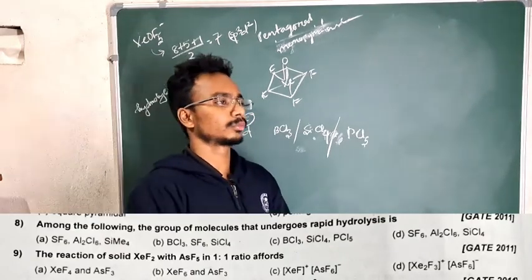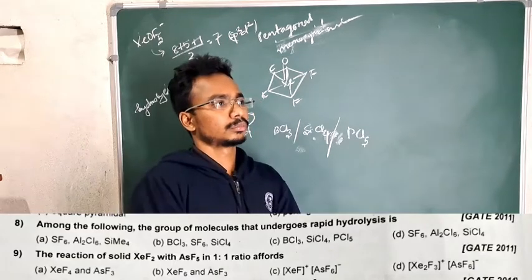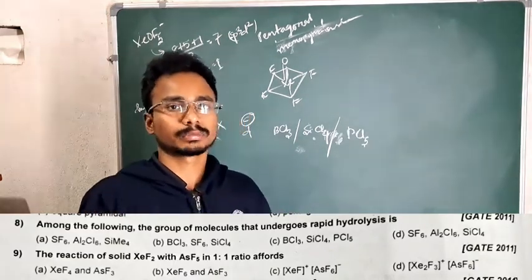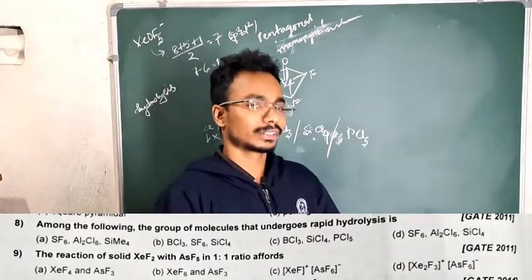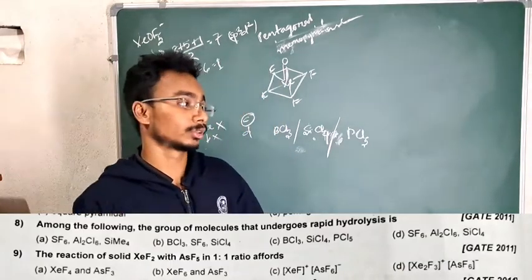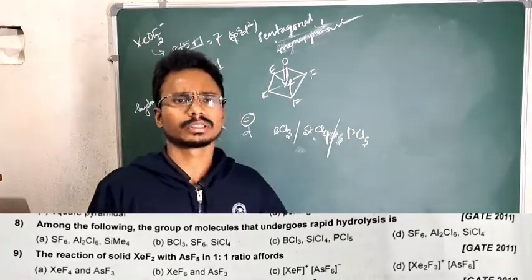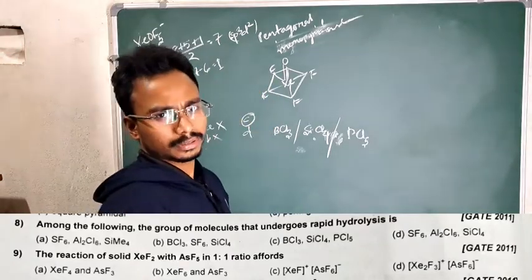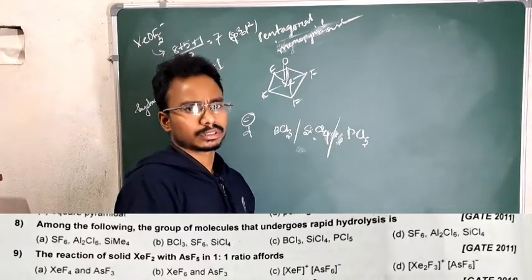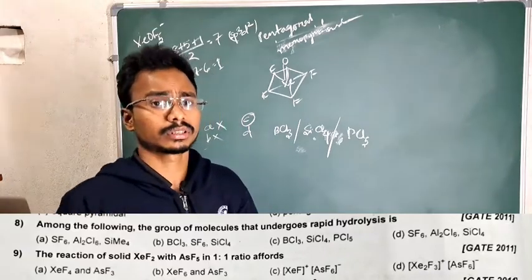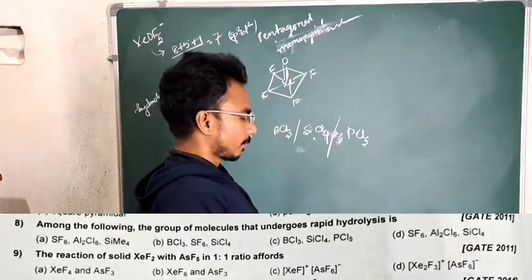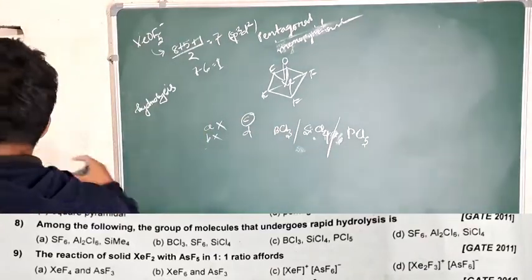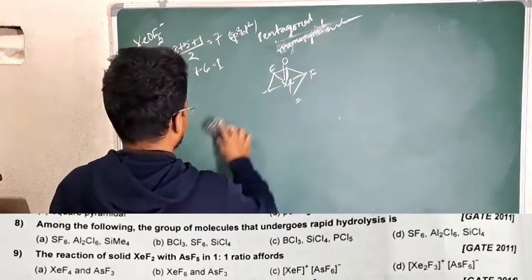You can study main group very broadly, but you may not get any questions. You are going for the exam with very little content, but you will get questions like that. No one can expect or guess from which area of main group it will come. Okay, so let's proceed to the next question.